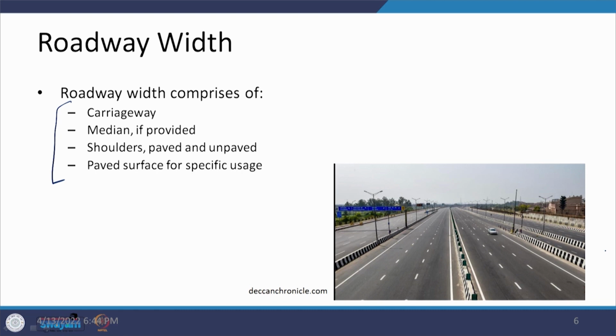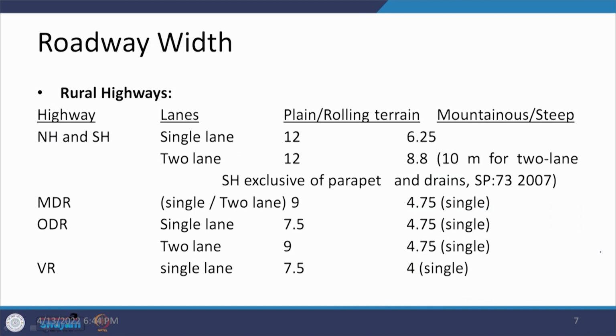You can see in the photograph being shown, you have a wide space which is going to be a part of the roadway width, because it is going to be utilized for different movements here. Now, we are going to look at what total widths need to be provided in the different categories.